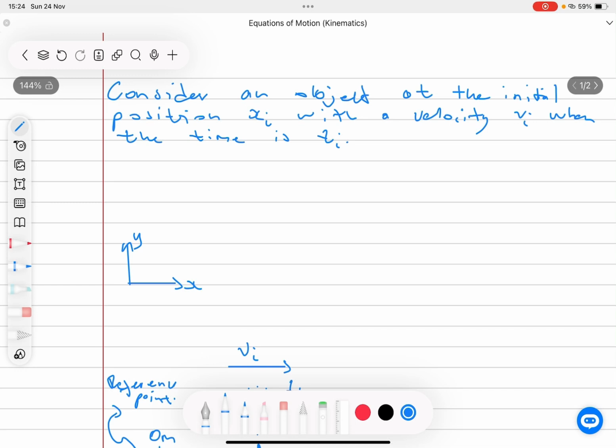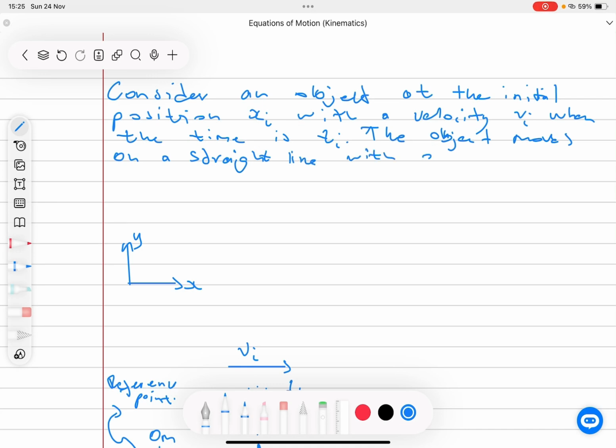Now, I'm going to put in some more information to describe that motion that goes to the right, to say that the object moves on a straight line with a constant acceleration.